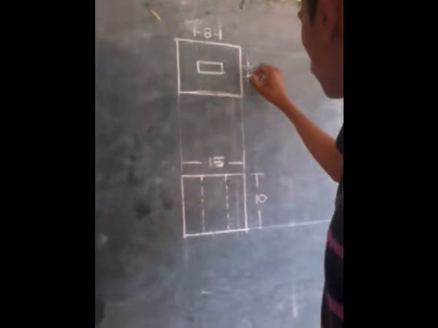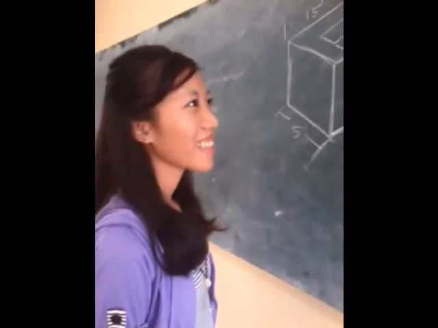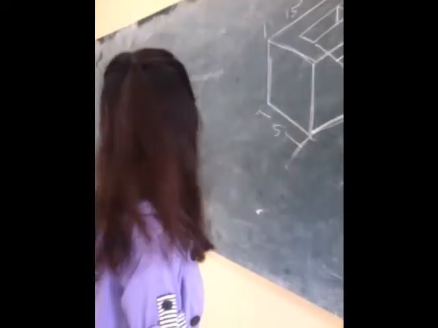When you say label the views, we will put the top view, front view, and the right side view of our orthographic drawing.